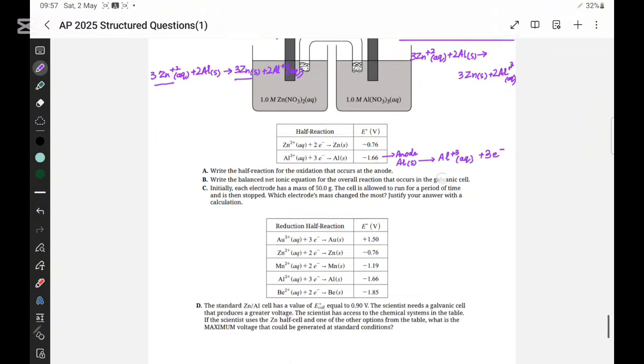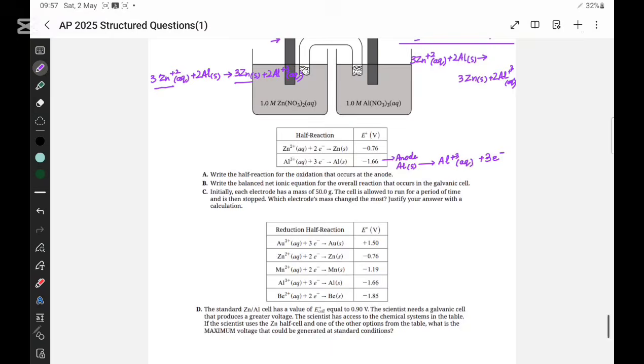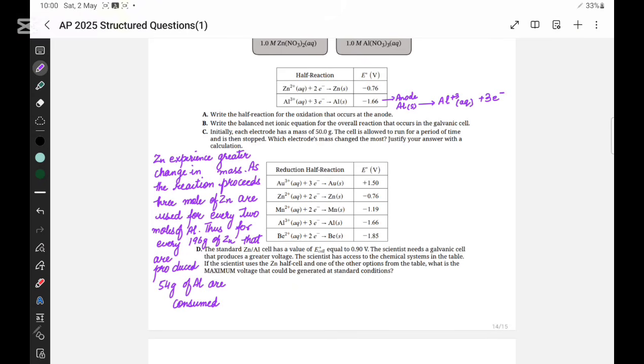This is the right explanation: zinc experiences greater change in mass as the reaction proceeds. 3 moles of zinc are used for every 2 moles of aluminium. Thus, for every 196 grams of zinc that are produced, 54 grams of aluminium are consumed.